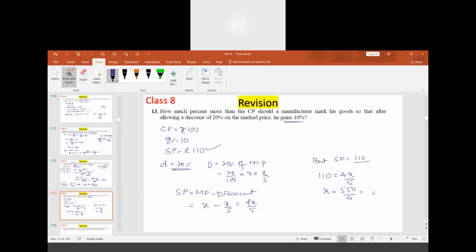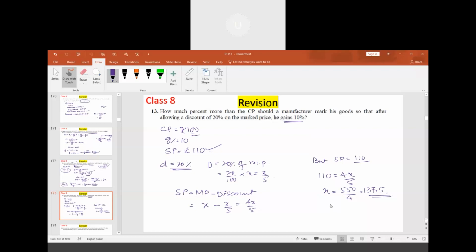Calculate it: 4 times 1 is 4, 4 times 3 is 12, 4 times 7 is 28, so we get 137.5. Now you see the difference. The difference is 37.5.